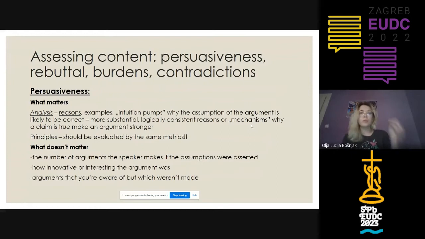If those 3 reasons were there and they're logically sound, in terms of they just sound like correct sentences and they're not contradicting themselves, etc., that would probably be a well-analyzed argument in terms of just giving you more reasons why a logical conclusion is likely to follow from the assumption of the argument, right?